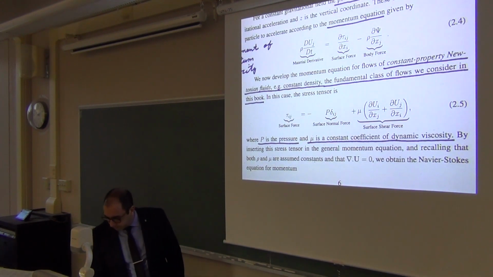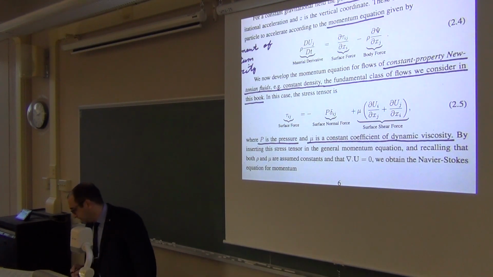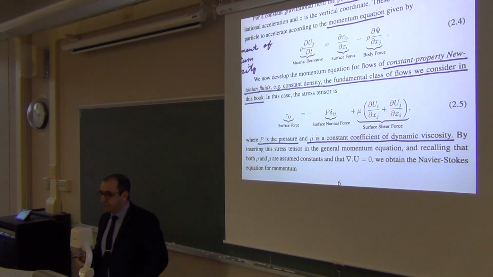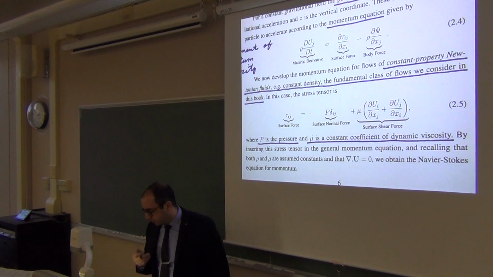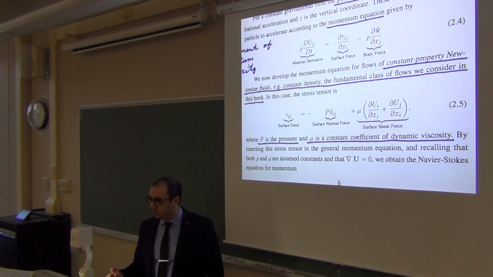What about this symbol delta, delta ij? Have you seen this before? If you look at the appendix, delta is called the delta function. It's only one if i and j are the same. For example, delta 1,1 is 1, delta 2,2 is 1, delta 3,3 is 1.